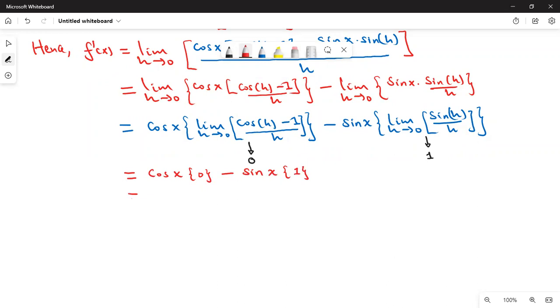So what you are going to get finally is negative sine of x. That tells you that when you differentiate cos x, you get negative sine x. We have used the first principle of differentiation.